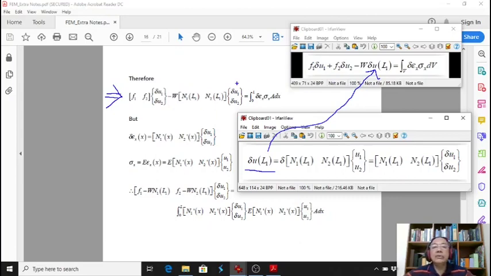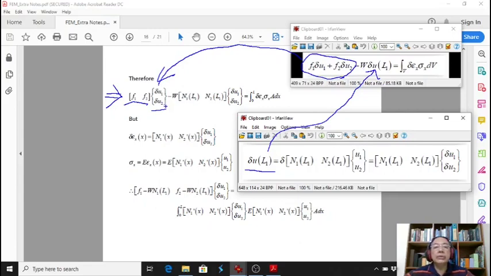We form a matrix multiplication of a row vector and a column vector. So F1 times virtual U1 plus F2 times virtual U2 becomes this.